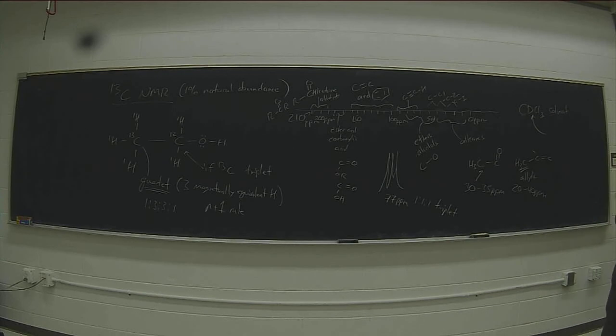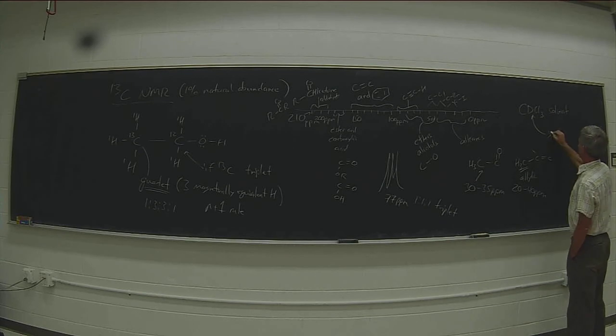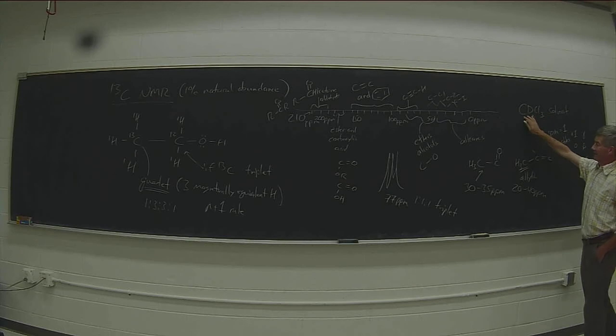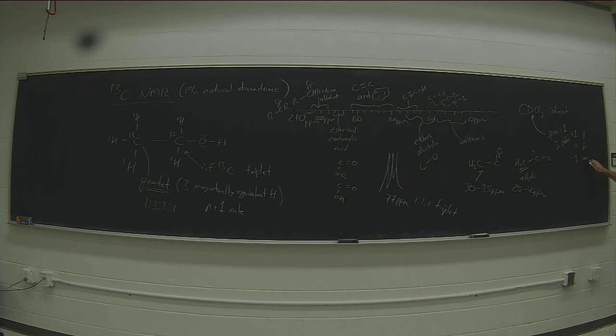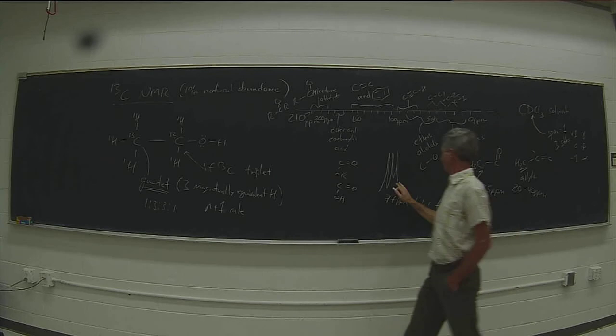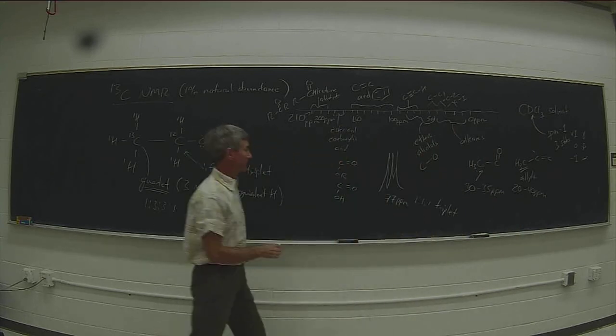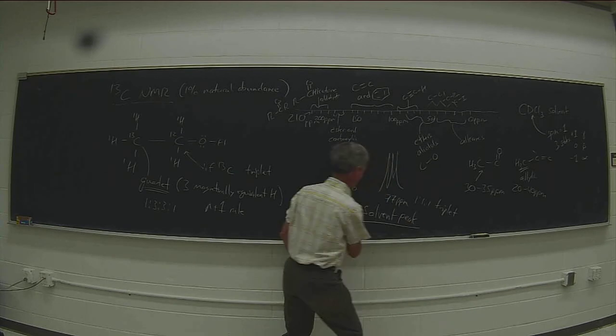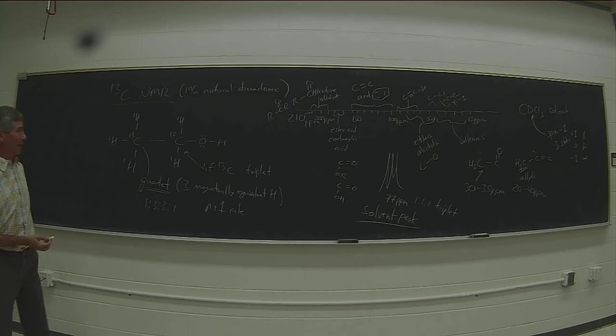Deuterium is an NMR active nucleus that has a spin equal to 1 rather than 1/2, which means it has 3 states corresponding to -1, 0, and +1, or alpha, beta, and gamma, if you want to use Greek letters. They're all equally likely, and the deuterium will split the carbon into 3 separate peaks. So we usually see at 77 ppm a solvent peak, which we have to be careful to ignore when we're analyzing the spectrum.